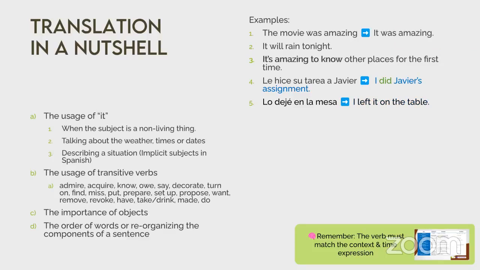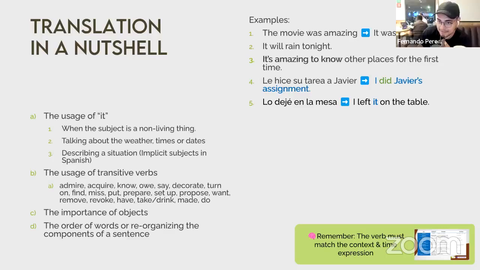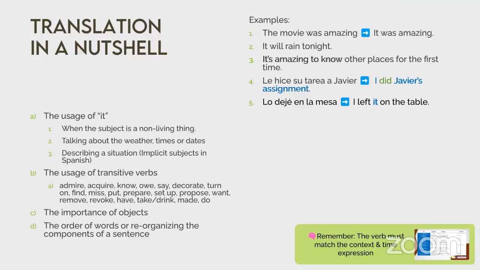On or over, never in. So it's over the table. Exactly. I left it over the table. Those are the two options. Any questions?